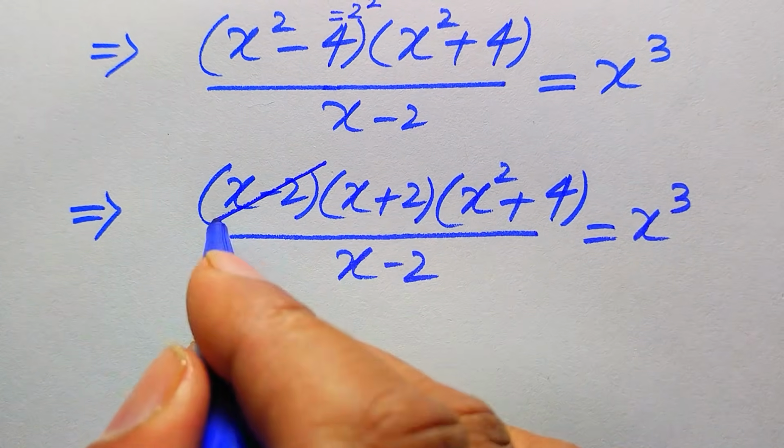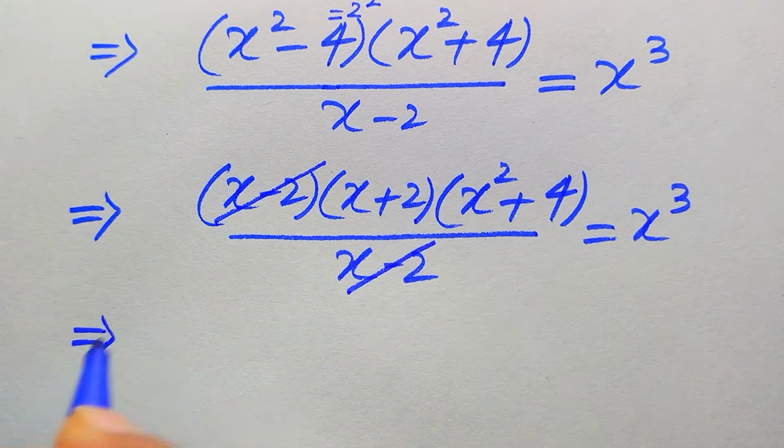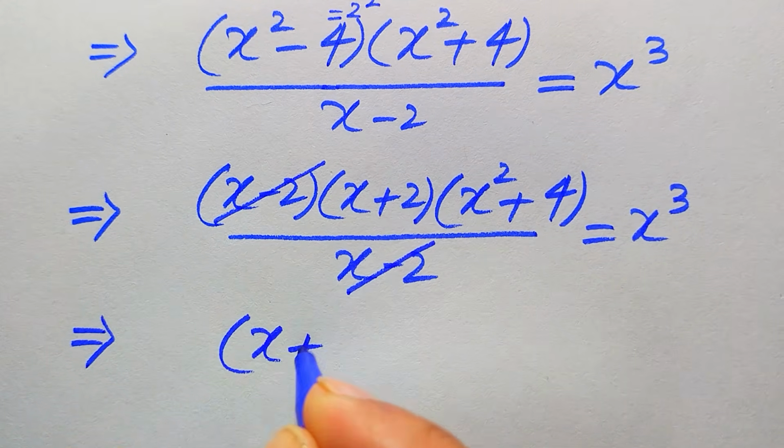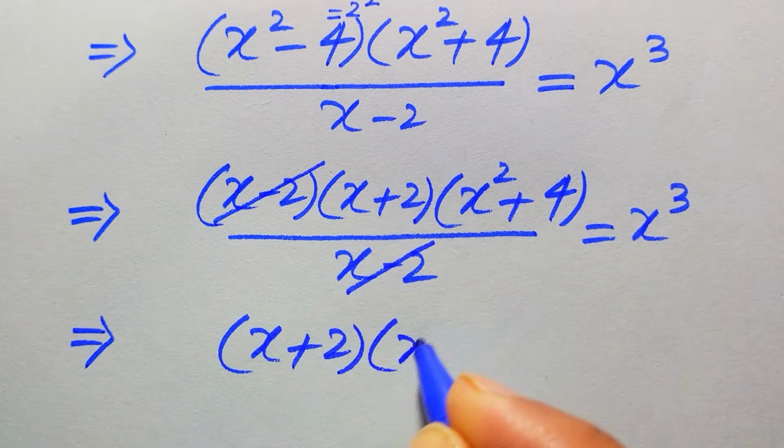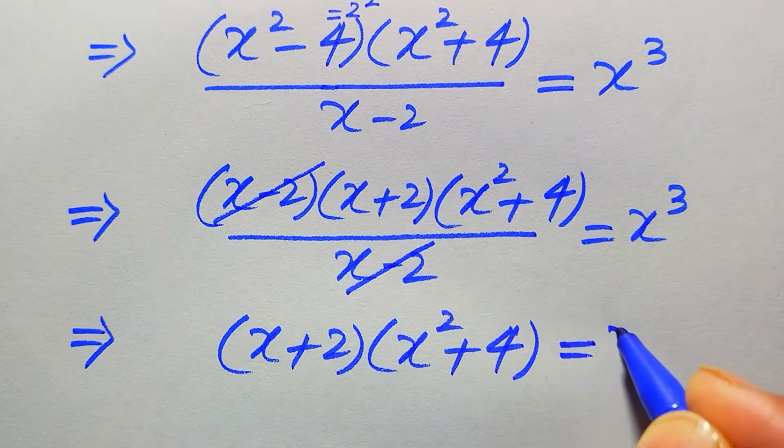And further we have this x minus 2 cancelled out by this x minus 2, and the remaining values are (x plus 2) times (x square plus 4), and this whole equation is equal to x cubed.